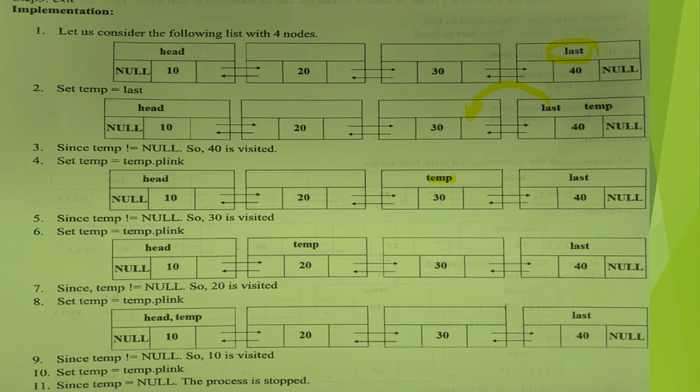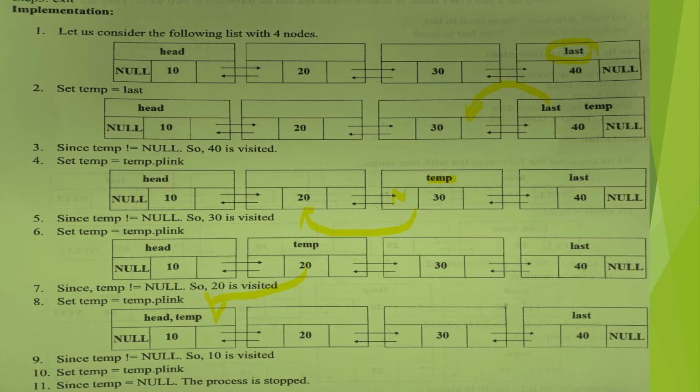Again this is not equal to null, so the temp changes to the previous element. Again the p-link is not equal to null, so the temp changes to the previous element. Here the p-link of head is null, so the process stopped here.